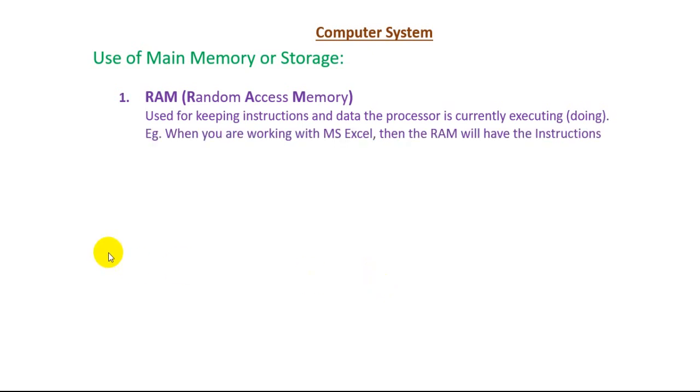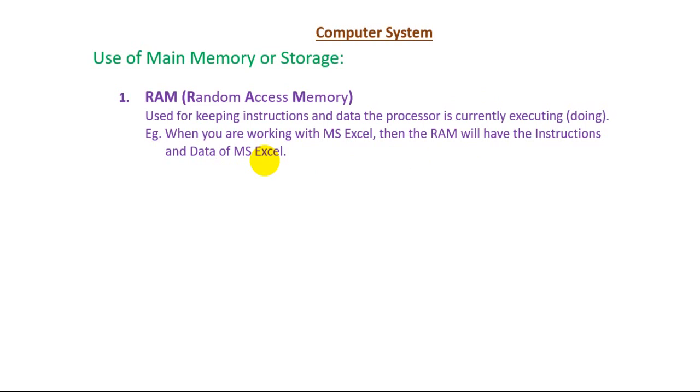For example, when you are working with Microsoft Excel, I took this example because you all are familiar with Microsoft Excel. If you are working with Microsoft Excel, then the RAM will have the instructions and data of Microsoft Excel. Then only you can have this worksheet and do calculations and functions, because the processing unit is executing the Microsoft Excel instructions and data that is provided to it to do this job.